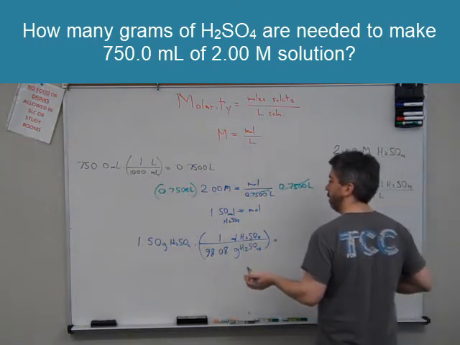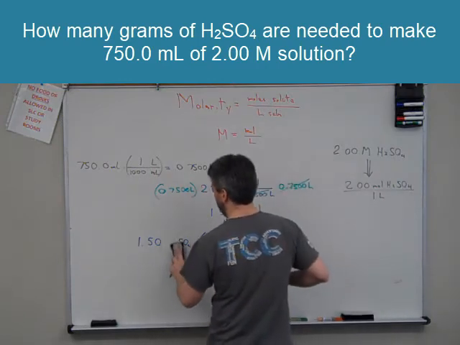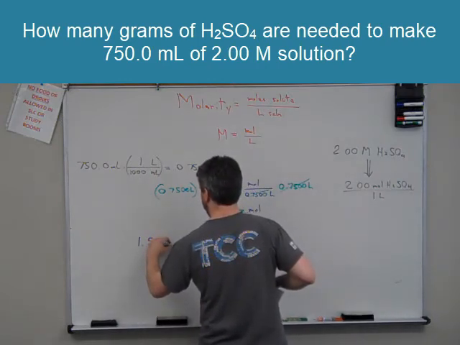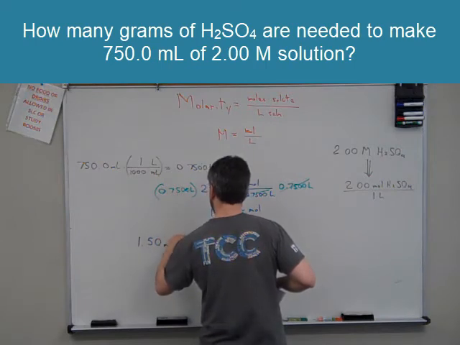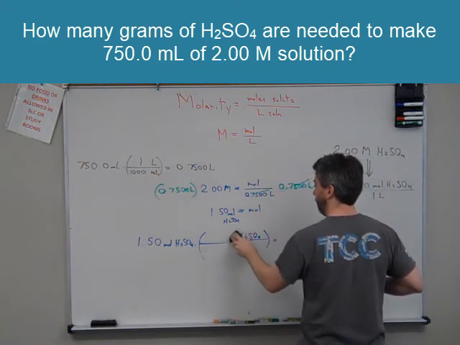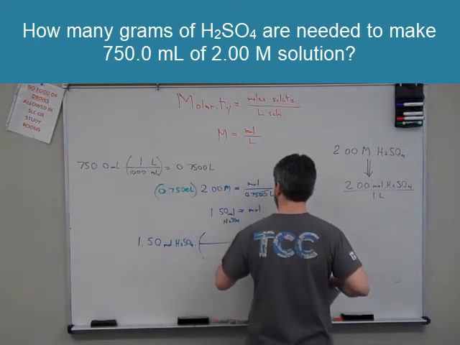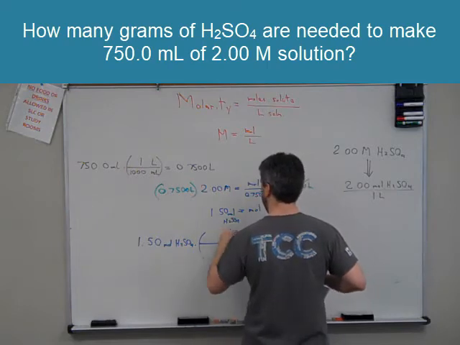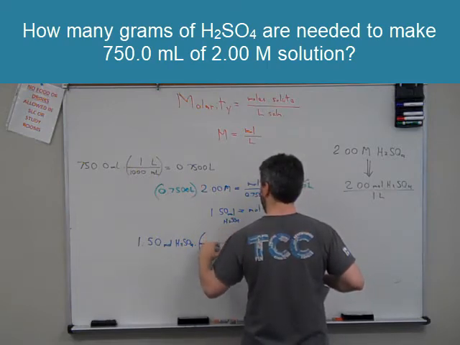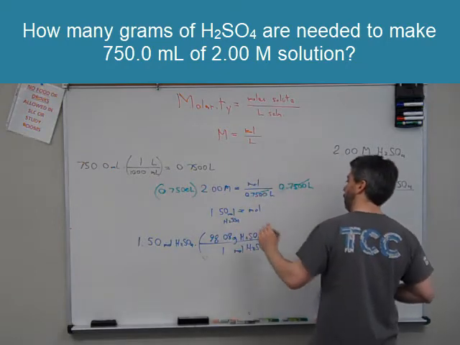Oh, sorry, I messed this up. It's 1.50 moles of H2SO4, not grams, and I'm converting to grams. I have it upside down. My bad. So moles of H2SO4 is going to have to go on the bottom, and 1 mole is equal to 98.08 grams.